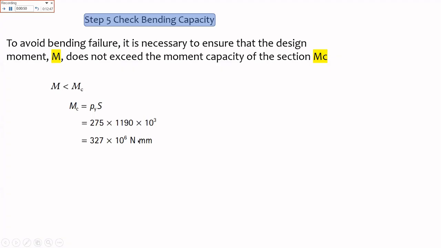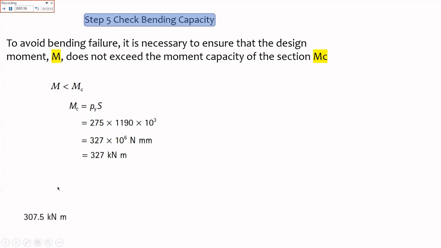Now you have to convert this to kilonewton meter. How do you do that? You basically divide by 10 raised to power 6. Remember to convert newton to kilonewton, we divide by 1,000. Then to convert millimeters to meters, we divide by another 1,000. If you divide by 10 raised to power 6, we get 327.